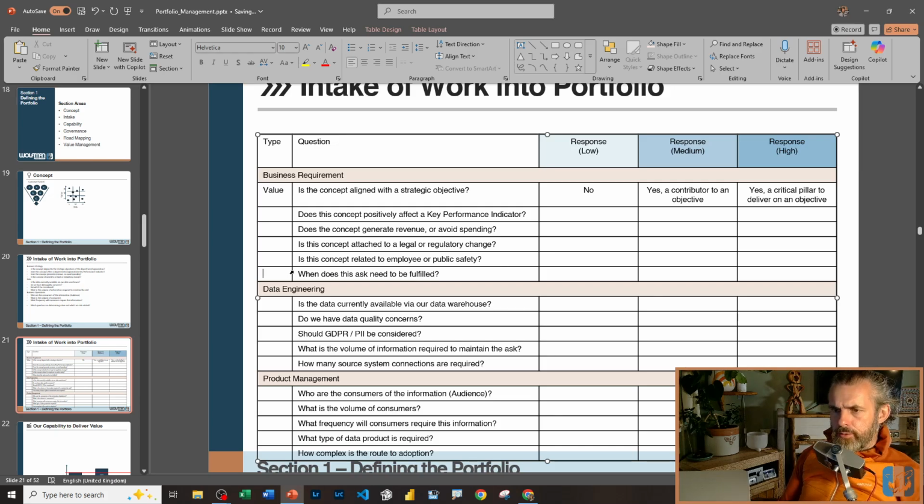Okay, let's just dive into this question. So this is a risk-related question. A low-risk response would be that there's no fixed delivery date. A high-risk response is that there's a fixed delivery date.